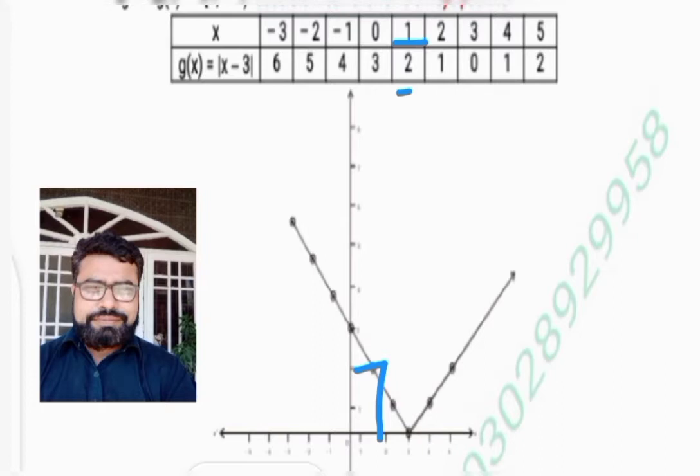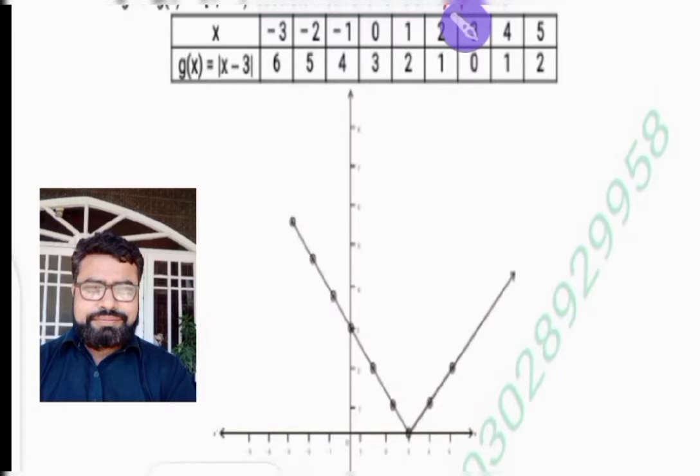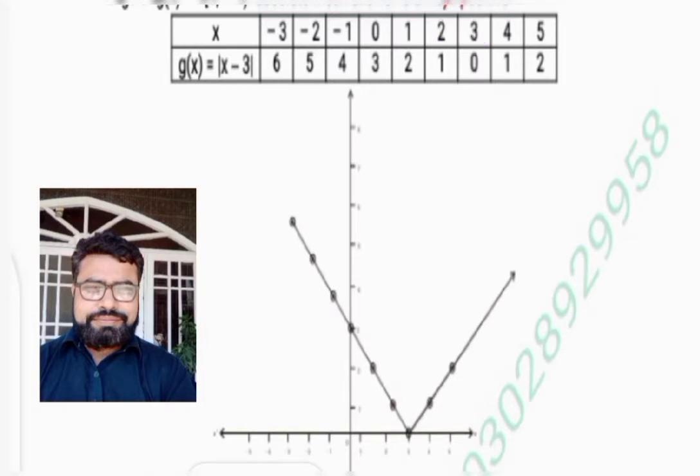So we have plotted a point here, and at 5 there is 2, here is 5, and here is 2. We have plotted this point.